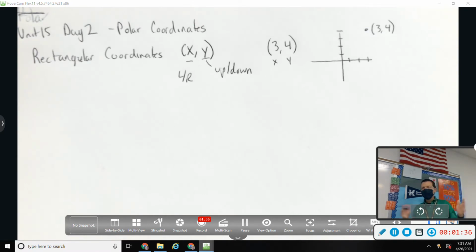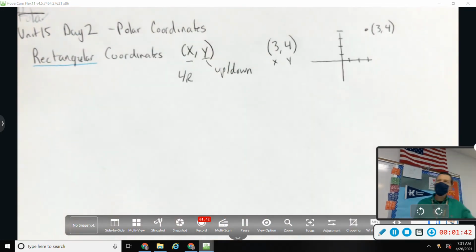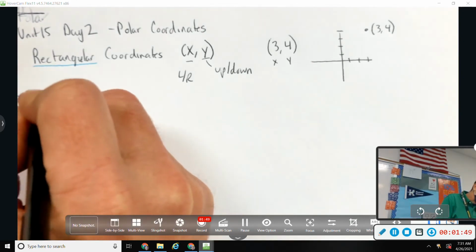That's super basic, but the big thing is it's not just coordinates anymore. We need to know whether we're talking about rectangular coordinates or polar coordinates.